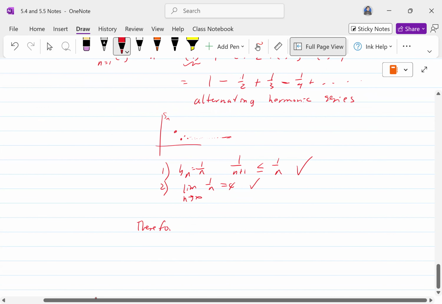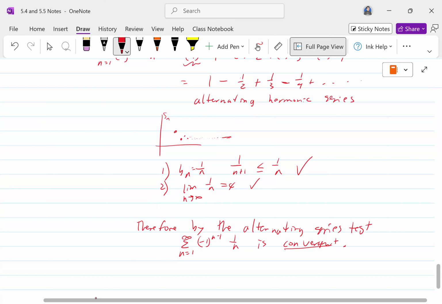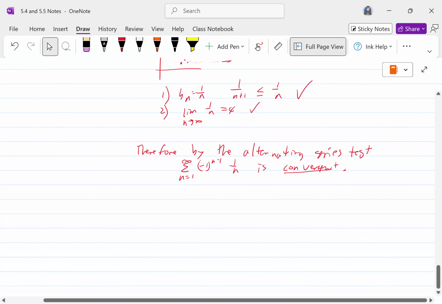Therefore, by the alternating series test, the summation n equals 1 to infinity of negative 1 to the n minus 1 of 1 over n is convergent. So we saw that the harmonic series is divergent, but the alternating harmonic series is actually convergent. Kind of an interesting result.